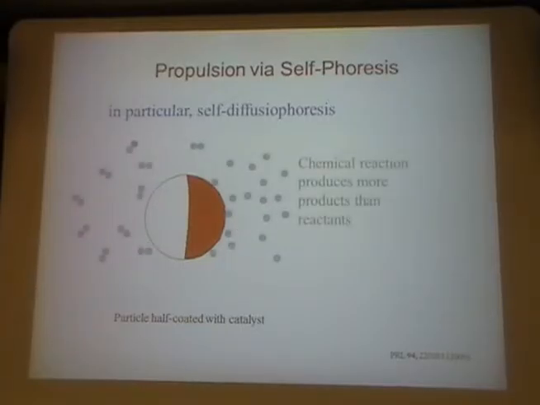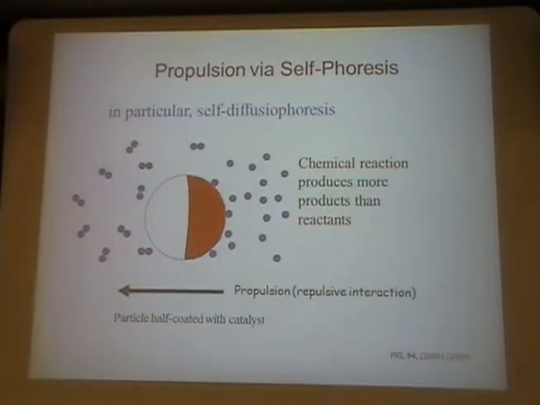When the catalyst does its work, it will generate a concentration gradient, so you will have more molecules on the right compared to the left, and that generates propulsion. It will be to the left if the interaction between these solute molecules is predominantly repulsive. It will be to the right if it's predominantly attractive.